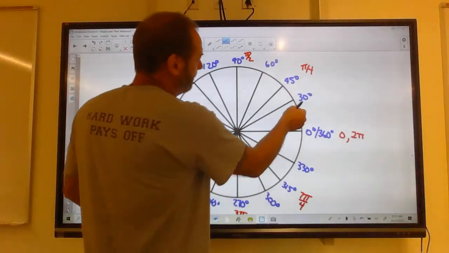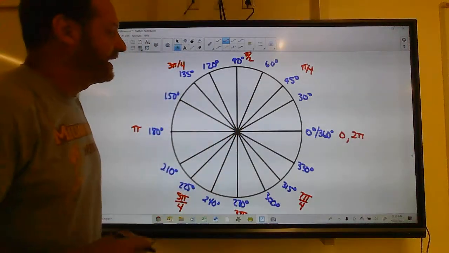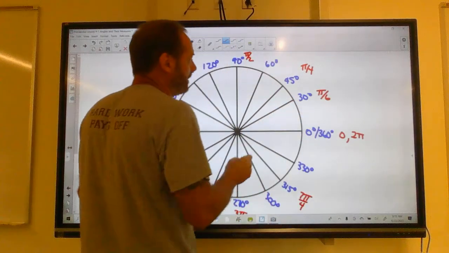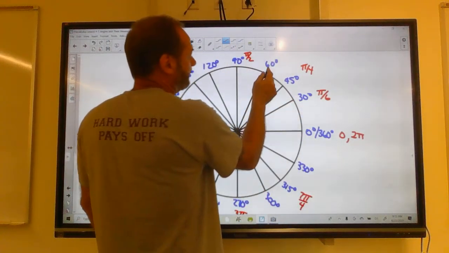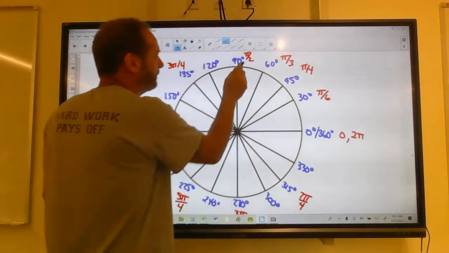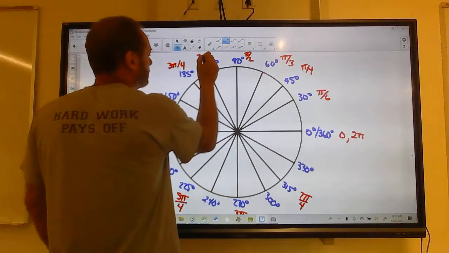Okay, now what about these? Well, remember this is a third of this one. So a third of half of a pi is a sixth of a pi. This is pi over 6. This is 2 pi over 6, which would be pi over 3. 3 pi over 6, which is half of a pi. 4 pi over 6, which is 2 pi over 3.